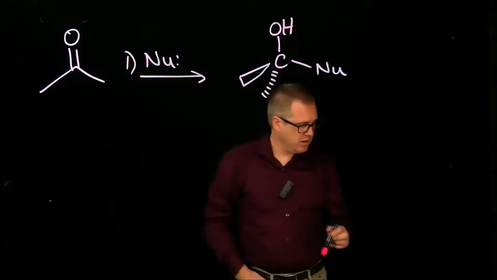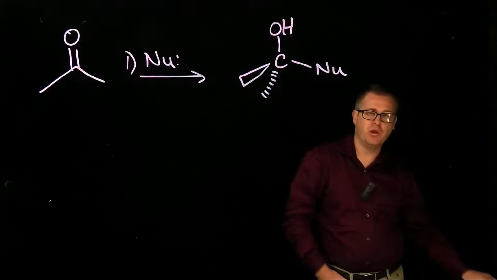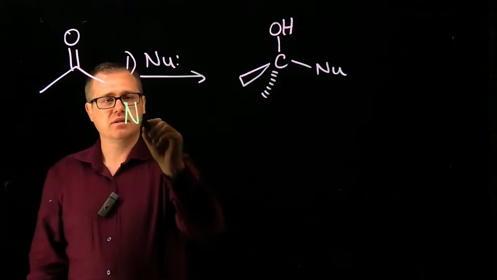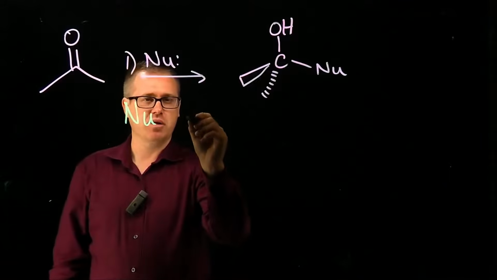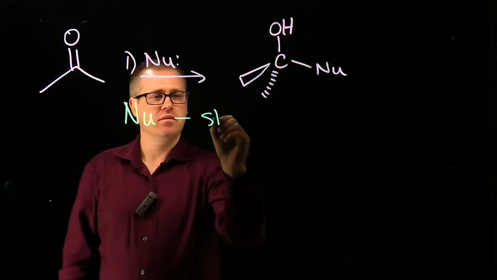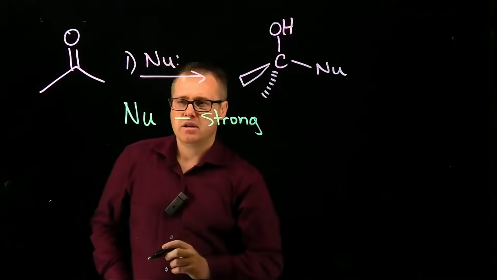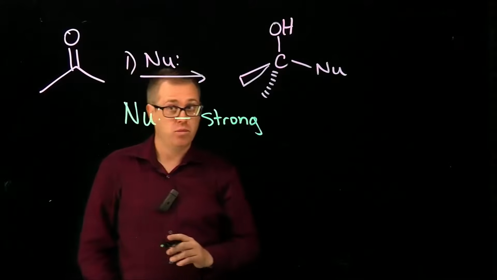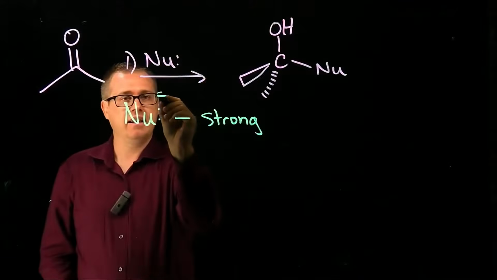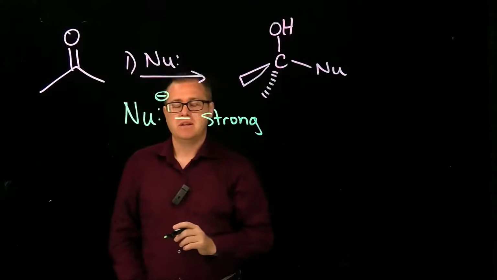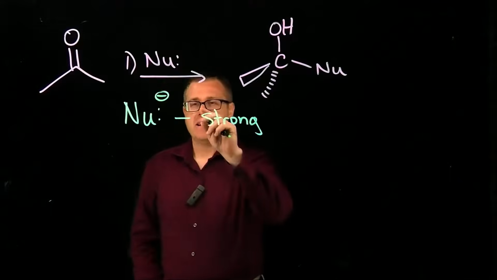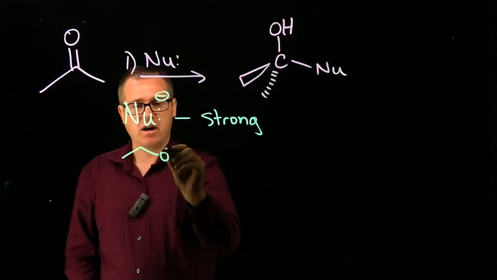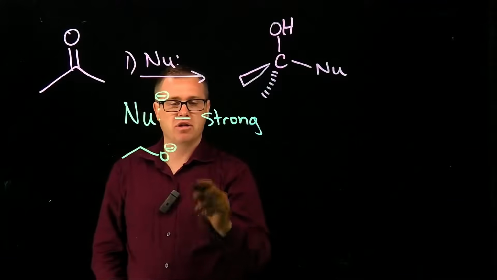But we have to consider now our nucleophile. There are some nucleophiles that are going to be strong. Strong nucleophiles typically have lone pairs on them and a negative charge. And so some examples would be, let's say, an alkoxide is a strong nucleophile.